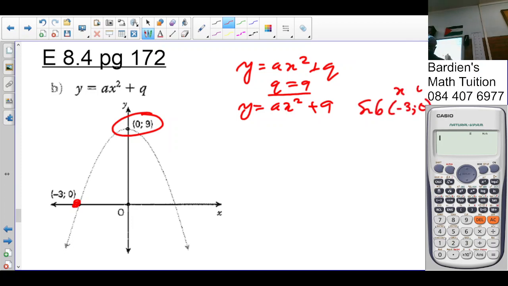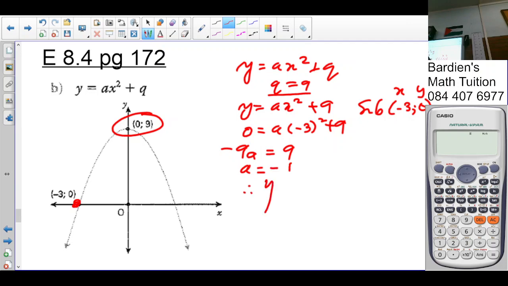So 0 is equal to a times negative 3 squared plus 9. Negative 3 squared is positive 9. Take it over the equal sign, it becomes negative 9. Divide by 9 both sides, so a is negative 1. Therefore, y is equal to negative x squared plus 9. Okay?